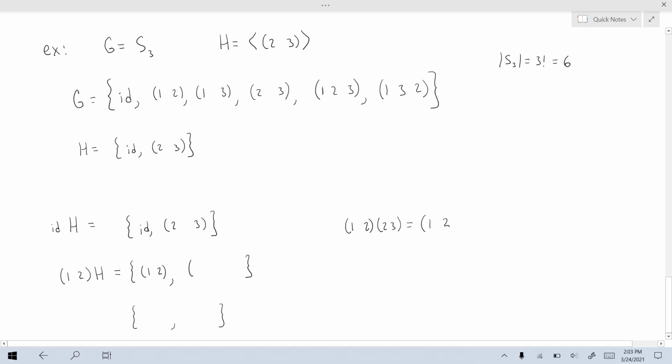Where does 2 map to? Well, 2 will first map to 3, and then that 3 will map to itself. And we have all the numbers, so 3 would have to map to 1. You can confirm that's the case, but that gives us the other element of this coset.